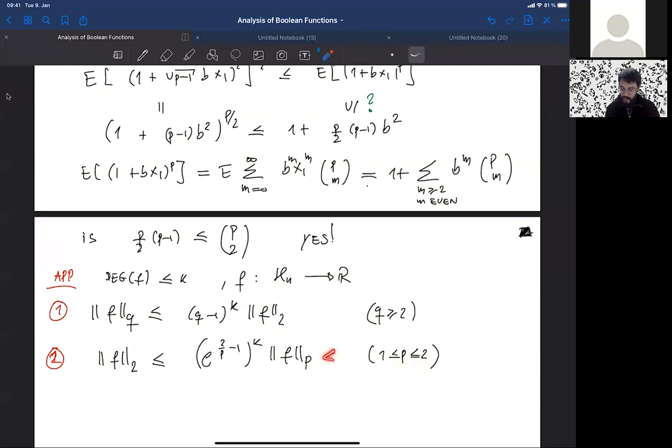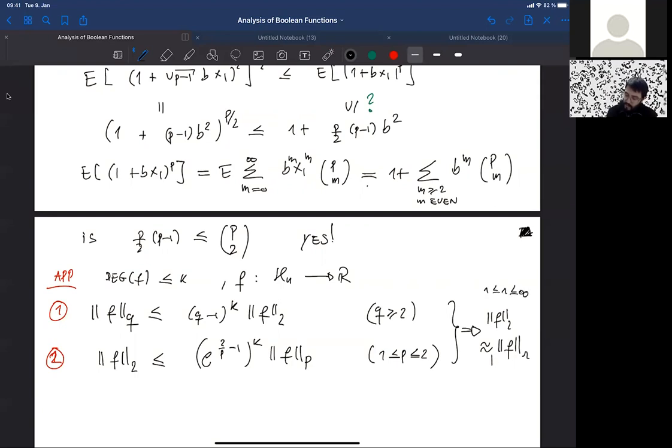So we do know that this is less or equal than the norm 2. And so we're saying that the norm 2 is comparable again with the norm p if p is less than 2. But again, you lose something like a power. So the bottom line, this is saying that the norm 2 is comparable with any other norm, say norm r.